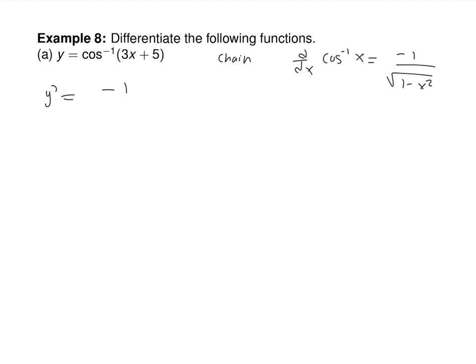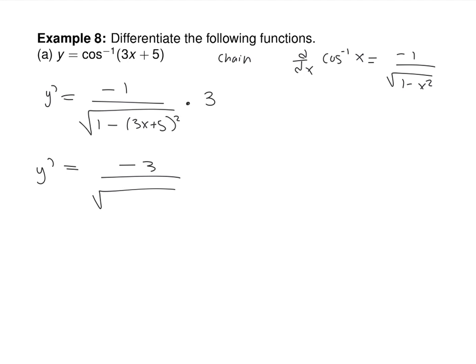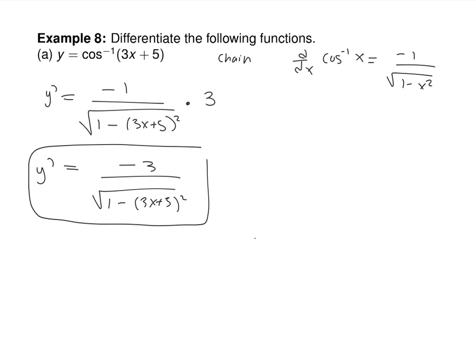So I'll have negative 1 over the root of 1 minus (3x plus 5) squared times what from the chain rule? Times the derivative of 3x plus 5, which is 3. So y prime is negative 3 over the root of 1 minus (3x plus 5) squared. You could square that out, distribute the negative, combine like terms. I mostly care that you get how to use the chain rule.